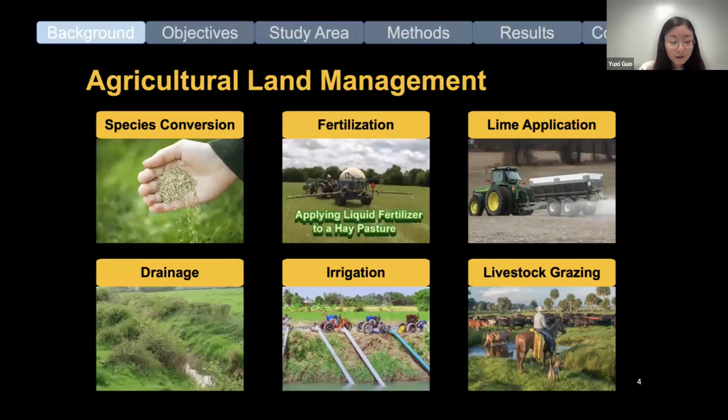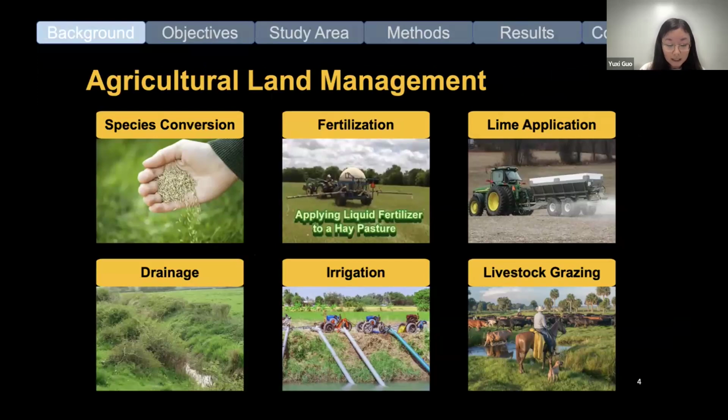And agricultural land management represents one of the most significant drivers of global change, transforming natural or semi-natural ecosystems worldwide. For example, in grazing-dominated humid subtropical grasslands, the agricultural land management typically involves several integrated practices.